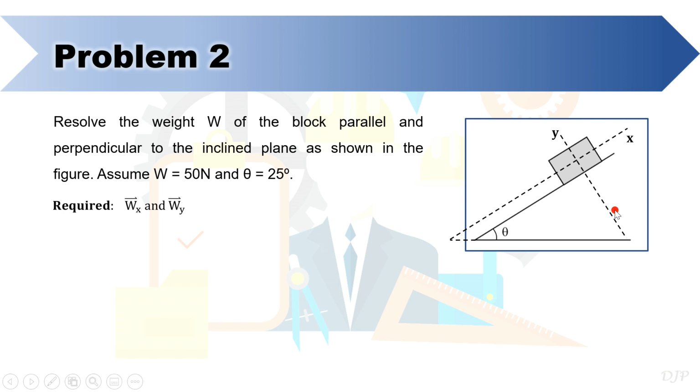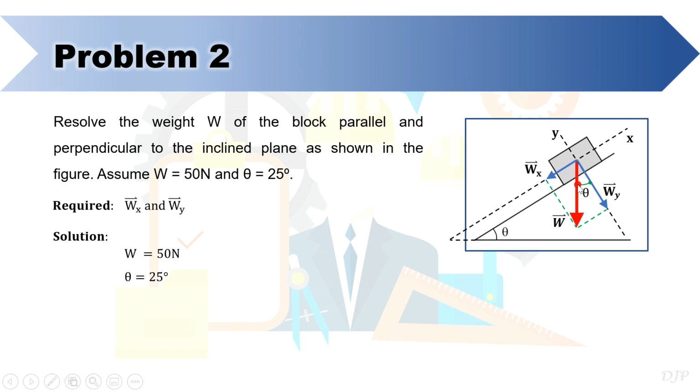To begin our solution, let's write the given magnitude of weight, the angle of inclination, and let's make use of the given figure to draw the given weight and its components. Notice that this angle is also equal to angle theta, or the angle of the given inclined plane, based on what we have discussed in the previous slide.